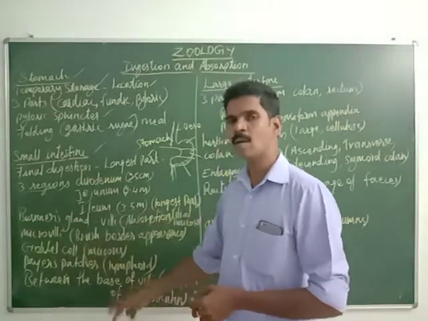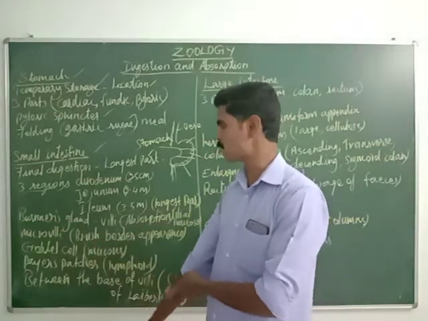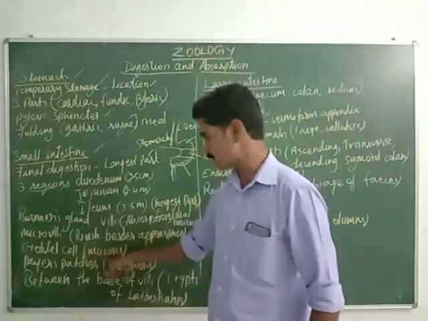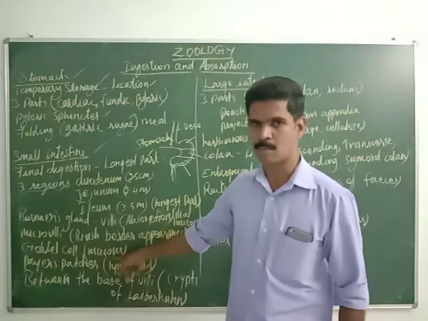Then the wall of the small intestine also consists of special cells called goblet cells. These goblet cells secrete a fluid-like substance called mucus.